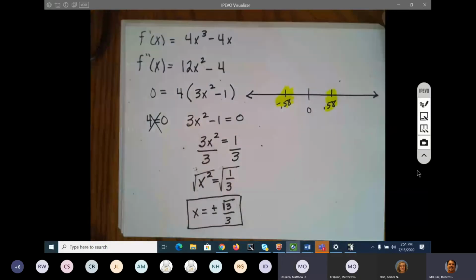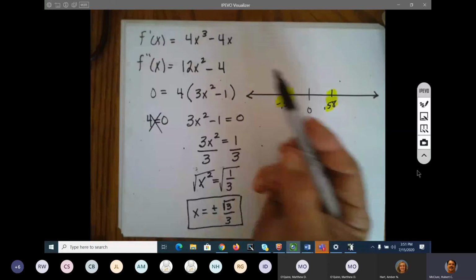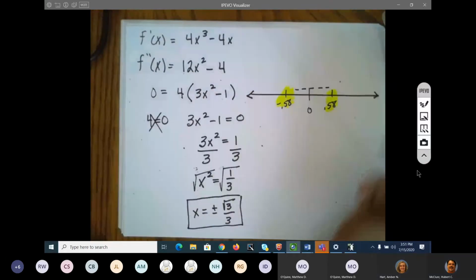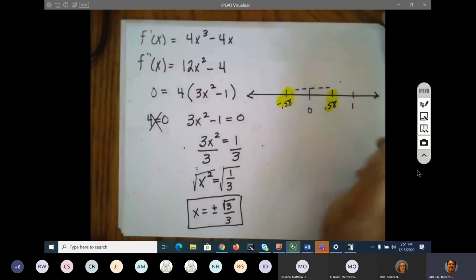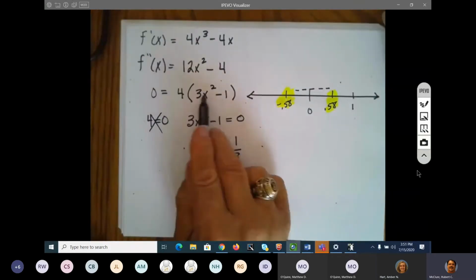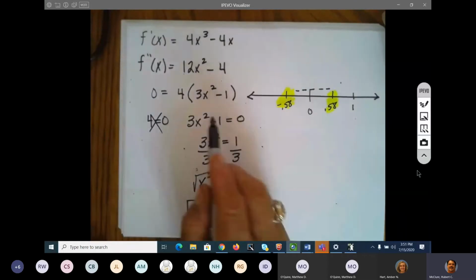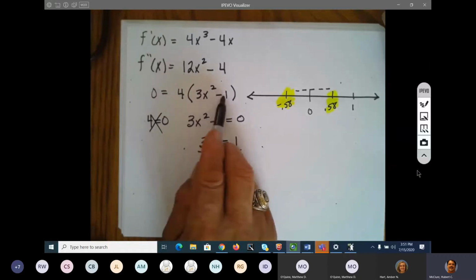I'm going to plug in 0 because that's the easiest one to plug in. So 0, plug it in right here. 12 times 0 is 0. 0 minus 4 gives us what? Negative. So I'm going to plug in 1 right there. 3 minus 1 is positive.